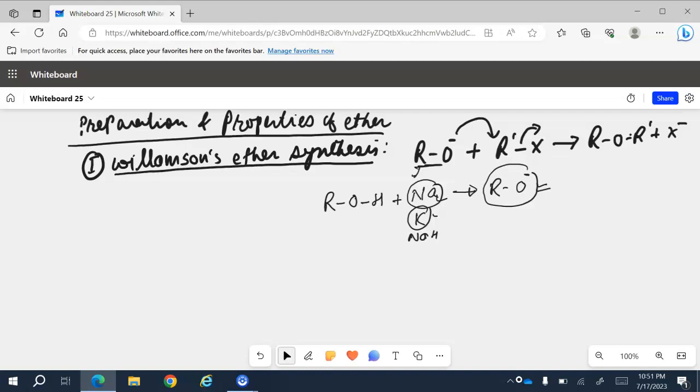Now, say for example, if we have something like CH3CH2OH, ethanol. When you react with sodium, it will give CH3CH2O minus, sodium ethoxide, okay, and Na will go with it, so sodium ethoxide.